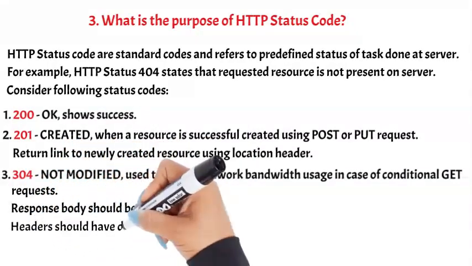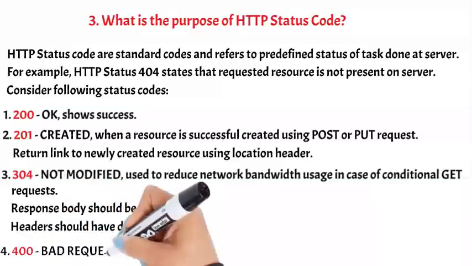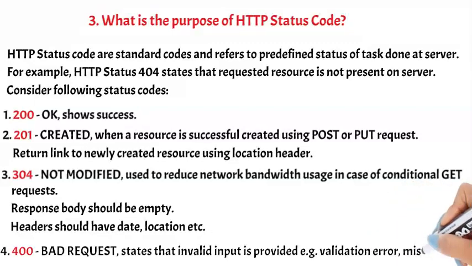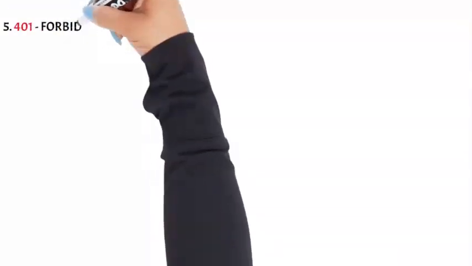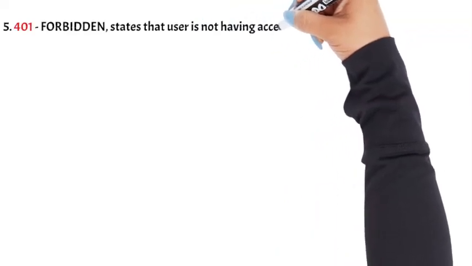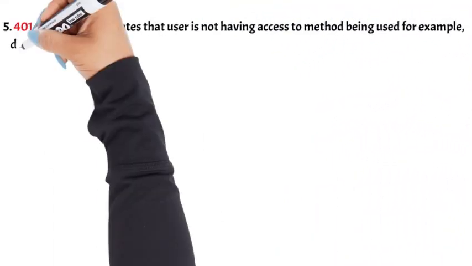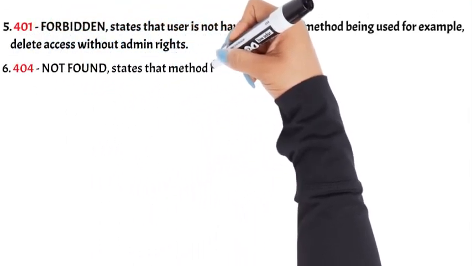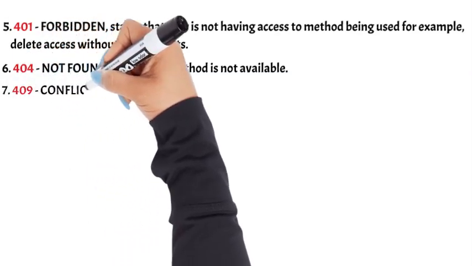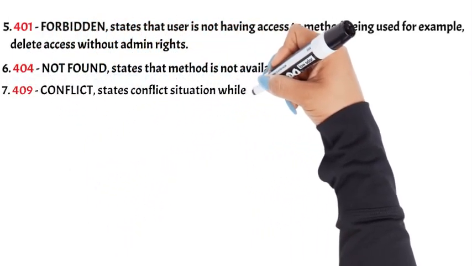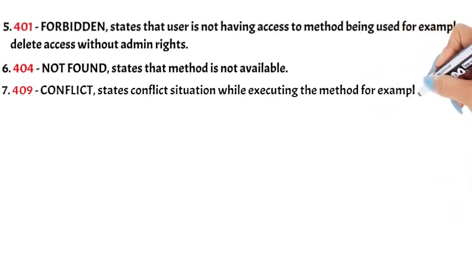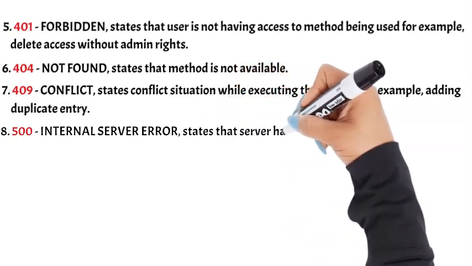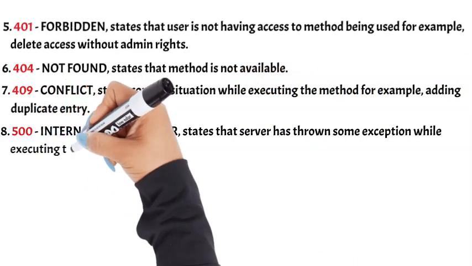Headers should have date, location, etc. 4. 400, Bad Request, states that invalid input is provided, e.g., validation error, missing data. 5. 401, Forbidden, states that user is not having access to method being used, for example, delete access without admin rights. 6. 404, Not Found, states that method is not available. 7. 409, Conflict, states conflict situation while executing the method, for example, adding duplicate entry. 8. 500, Internal Server Error, states that server has thrown some exception while executing the method.